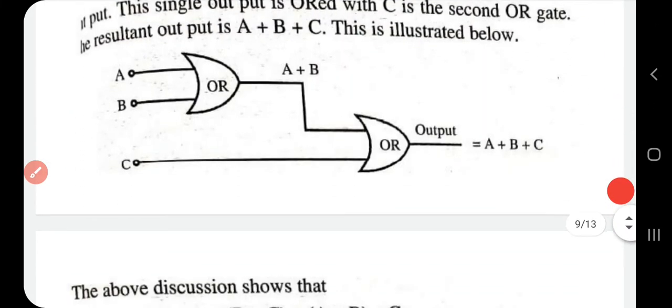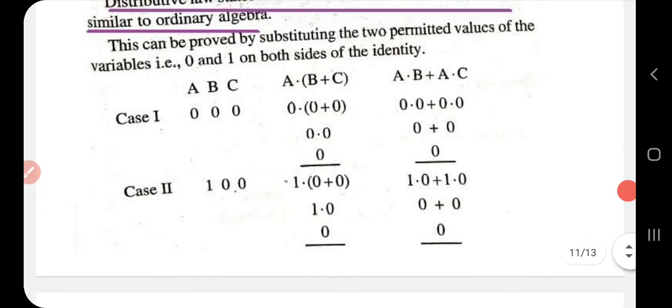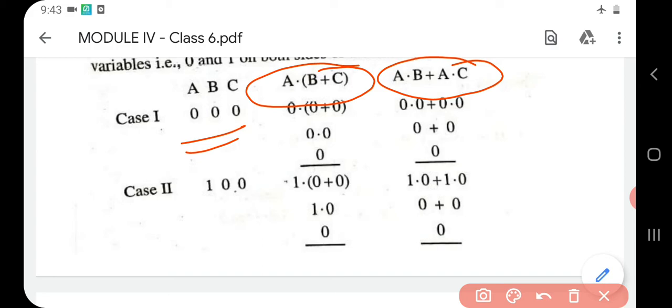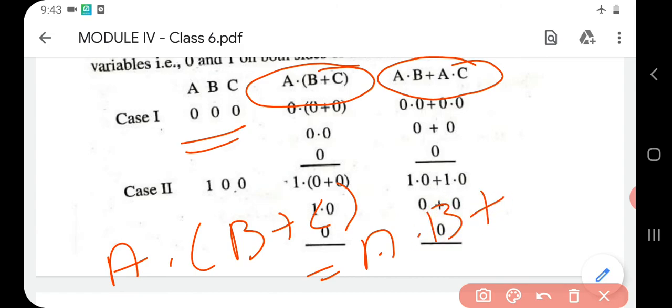Taking the left hand side first, we are dividing it into cases and giving different values for A, B and C. First you have to prove this part, that is A dot (B plus C) is equal to A dot B plus A dot C. Okay, that is the distributive law, right? So first we are going to prove it.